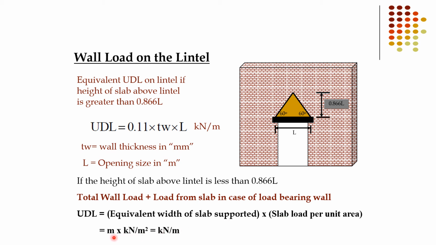Here, for example, it is supported by 1 meter or 1.5 meter. You will multiply with the slab load per area, for example 3 kilonewton per meter square, and you will get the UDL. For example, if 1 meter length and 3 kilonewton per meter square is the slab load, then you will get 3 kilonewton per meter UDL for the lintel design.